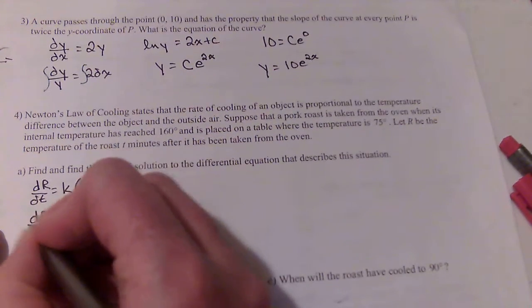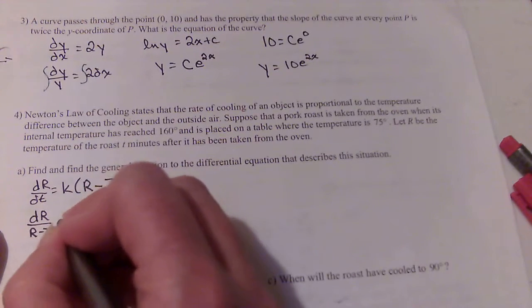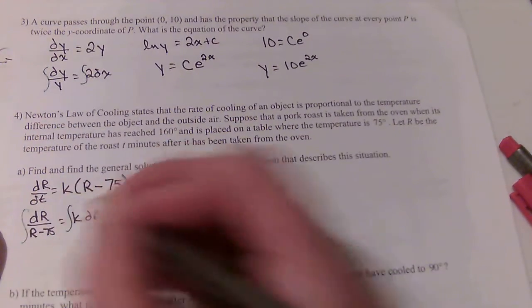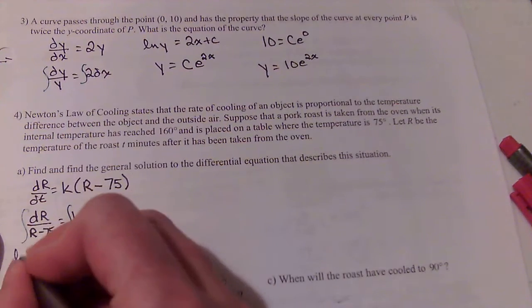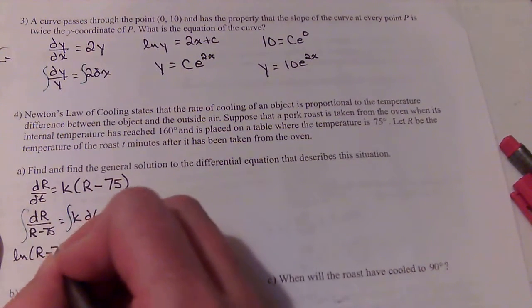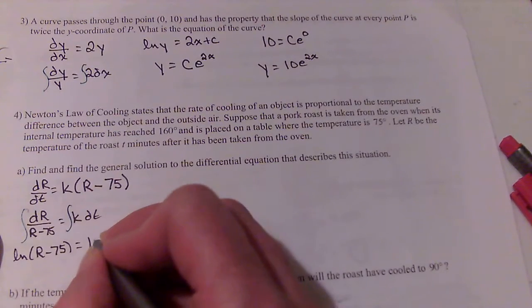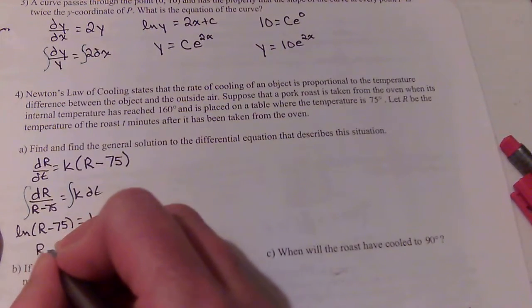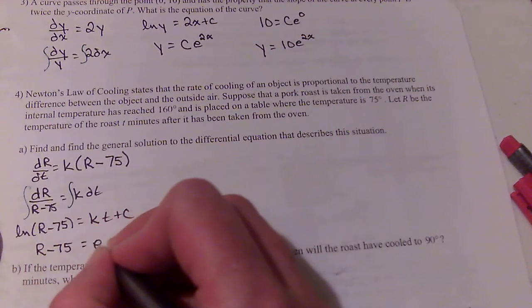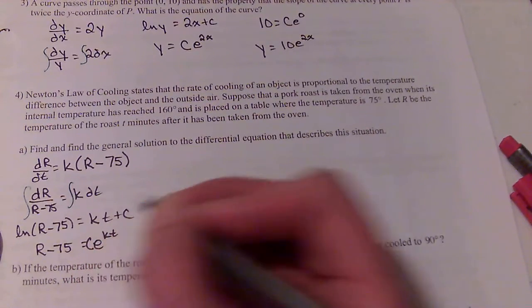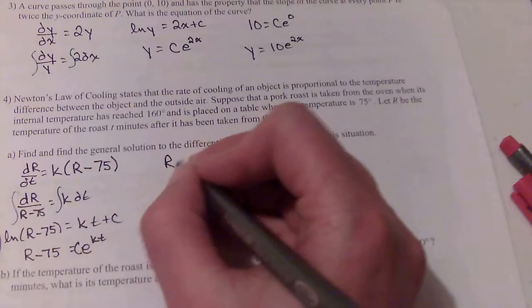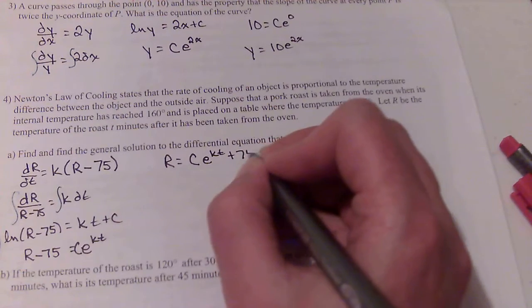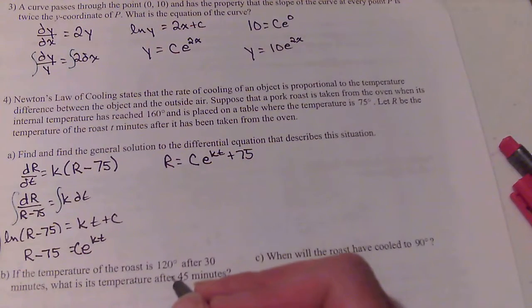Rearrange. Take the integral. Rewrite as an exponential. It's going to end up being a C in front. kt. So, R equals some value e to the kt plus 75. Well, let's see what we know.